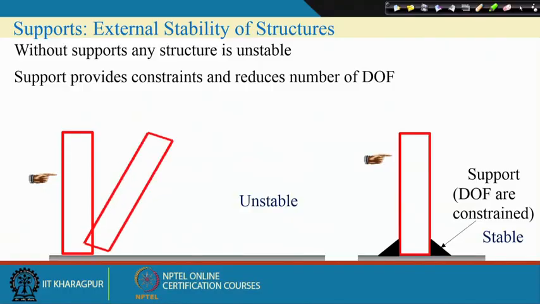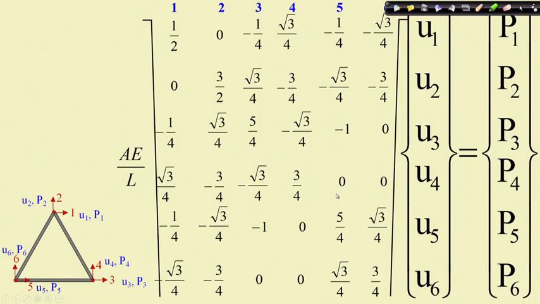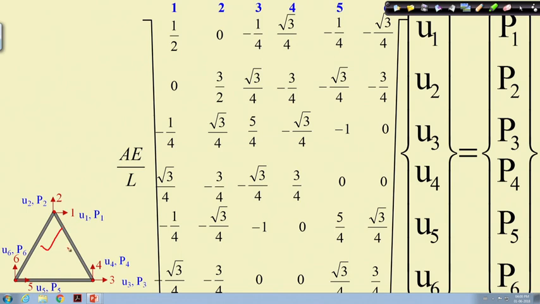Okay. Now, in this expression, this is the stiffness matrix, which is the property of this structure, the material and the geometric property of the structure, right. In this stiffness matrix, we have not given any constraint.